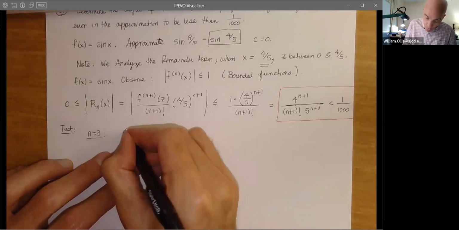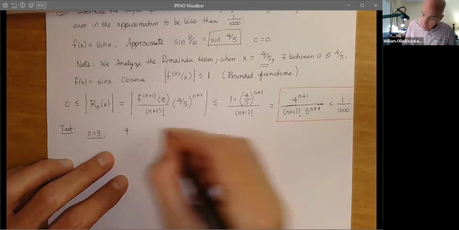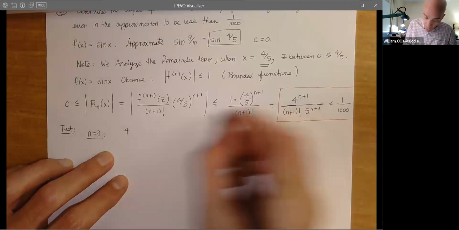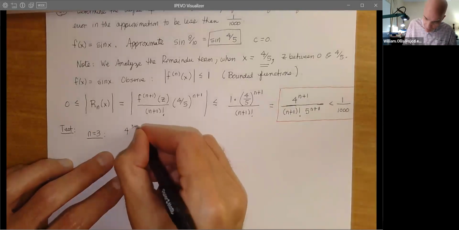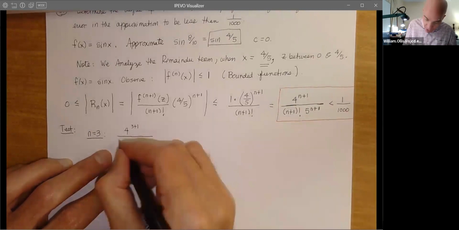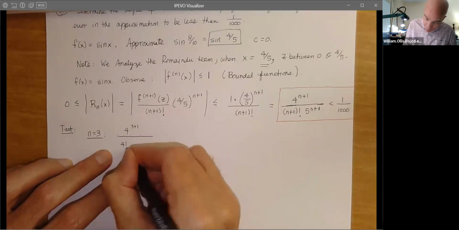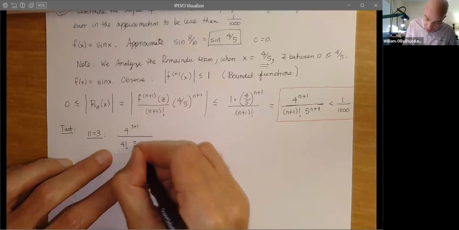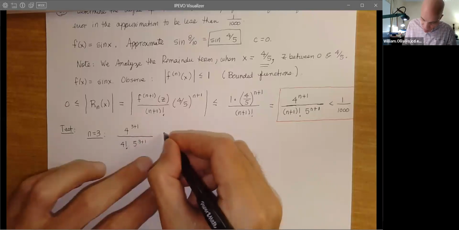So this will be 4 to the 3 plus 1, and then we have 3 plus 1, so this is 4 factorial, and then 5 to the 3 plus 1.